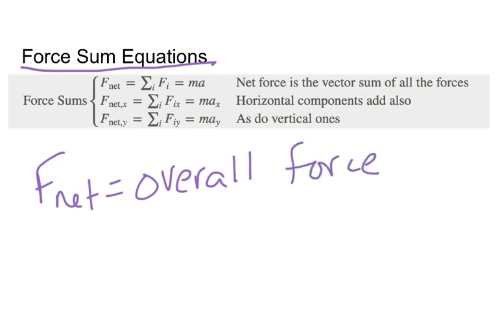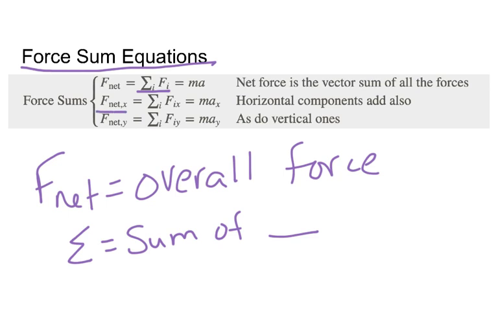But we are going to designate it in here using the sigma. So the sigma just means the sum of whatever follows it. So if I have it in front of a force, it means the sum of the forces. The i here just means however many forces you have. So if you had three forces, it would be F1 plus F2 plus F3.